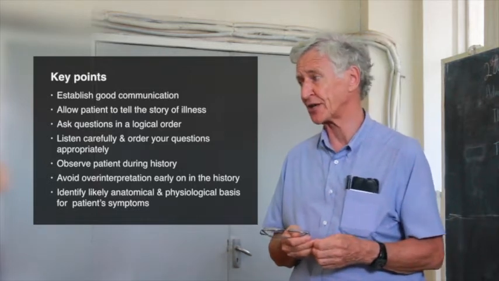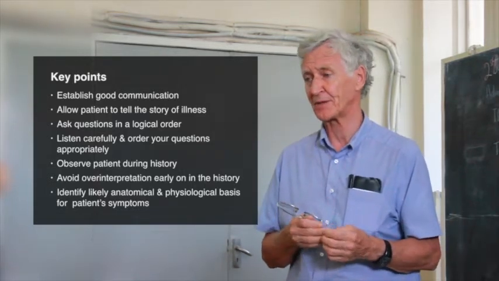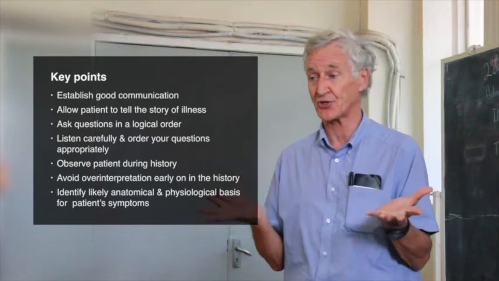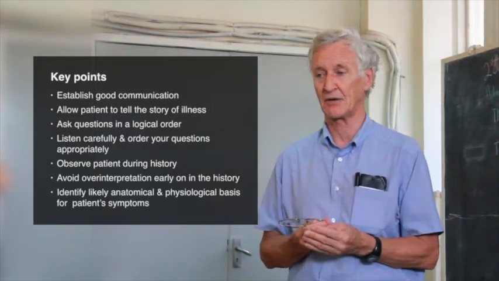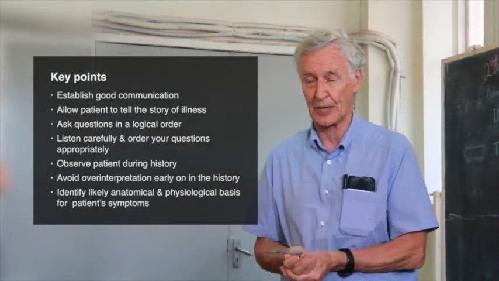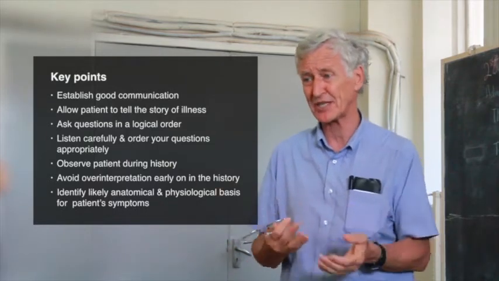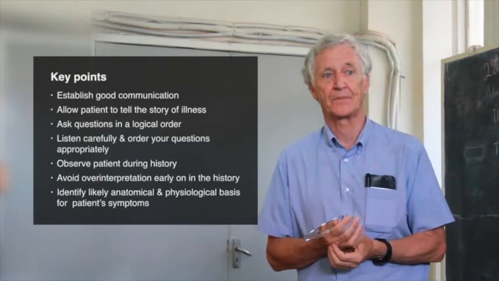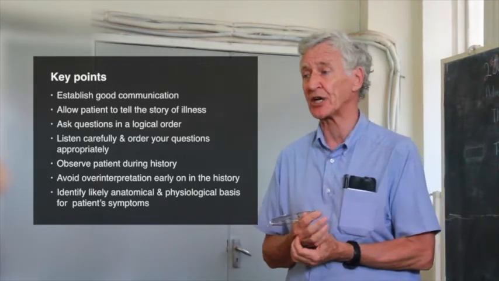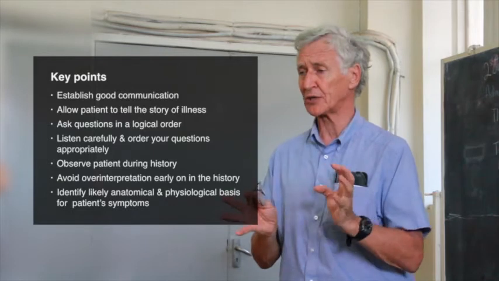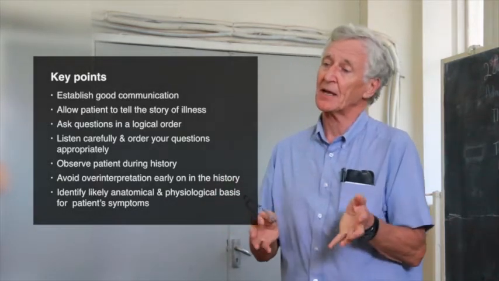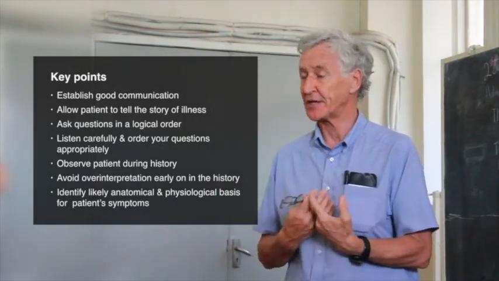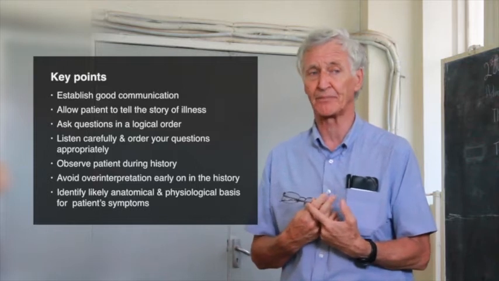Observe the patient during the history taking for anything that strikes you as important. For example, the patient may be obviously short of breath, may be obviously pale, may be obviously distressed, or may even have a disability. Avoid over-interpretation early on. Let all the details of the history come in, and later on, the details of the physical examination.